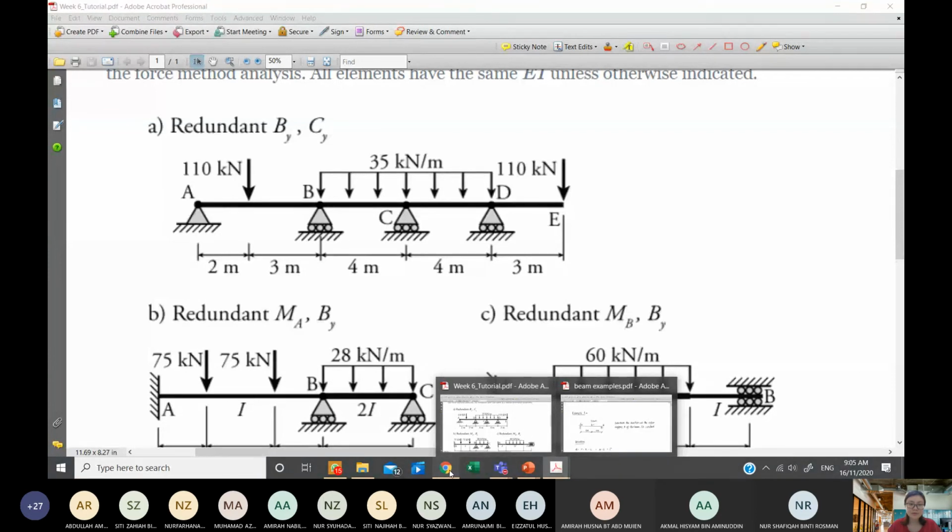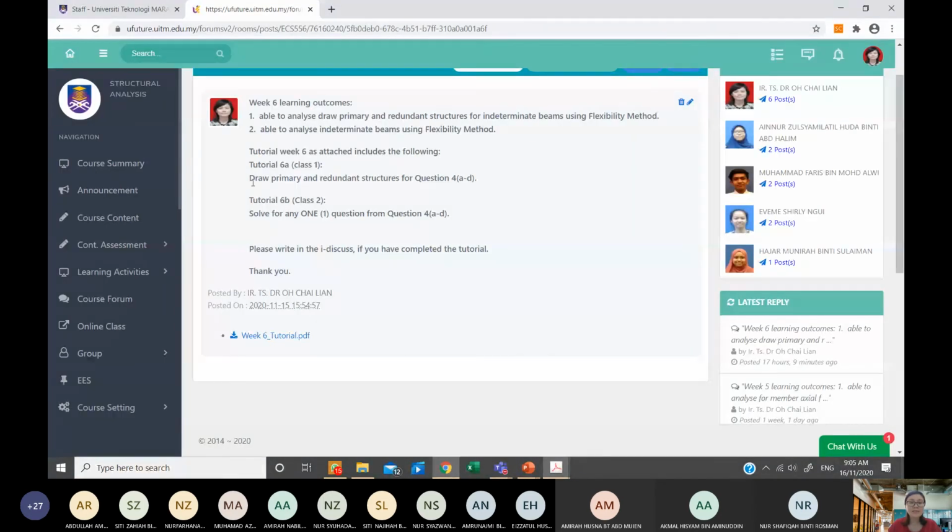For this class, I want you to draw the primary and redundant structures for questions A to D. So we are not solving the redundant forces today. We are just to draw the primary and the redundant structure for this problem.